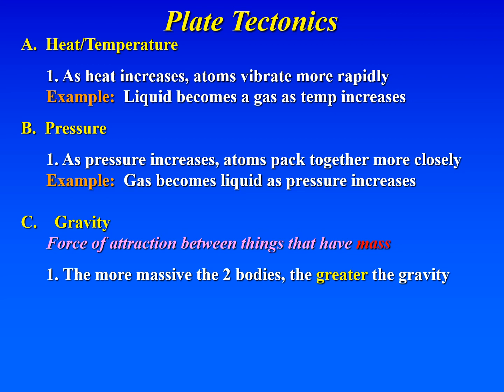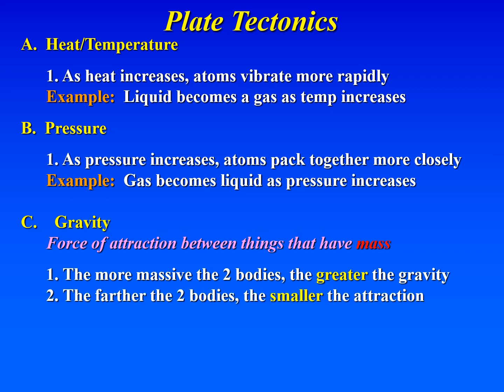But it's also tempered by the fact that the farther these two bodies are apart, the less the gravitational attraction will be. So the most gravity will be something big that's close to you. You can have massive things out in the solar system, but they're so far away that their gravitational attraction is just muted to the point where you really don't feel it.